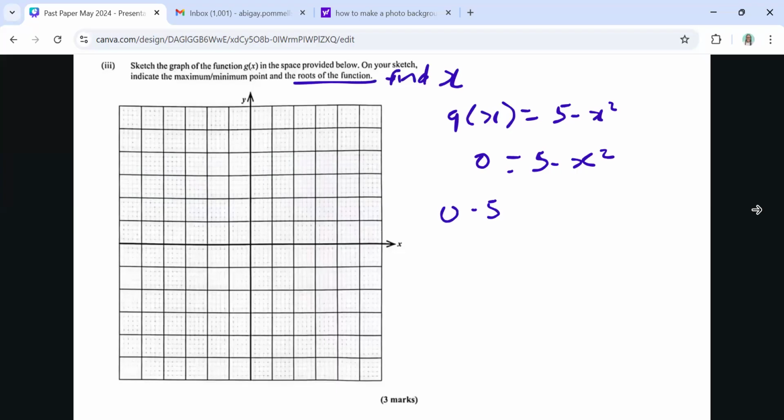So that is 0 minus 5. And this will be negative x squared left. And we know that this is negative 5 equals negative x squared.